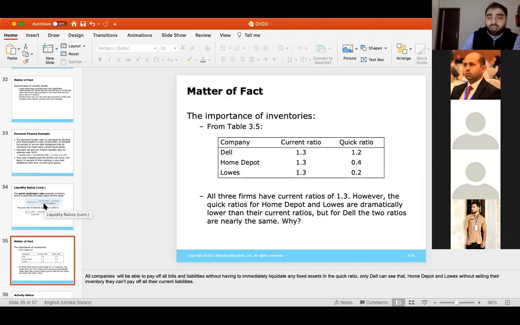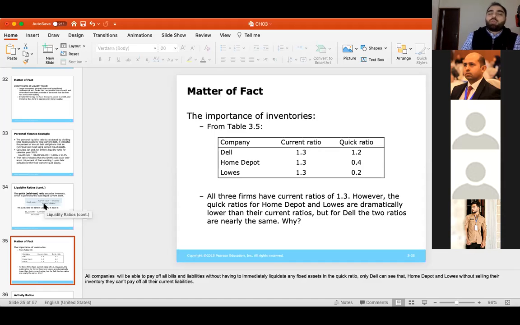If we only look at the current ratio, and this is why we have different financial ratios, then as a researcher or evaluator or business developer, I'm going to say that all these companies have the same financial performance, isn't it? They have the same financial performance according to the current ratio.